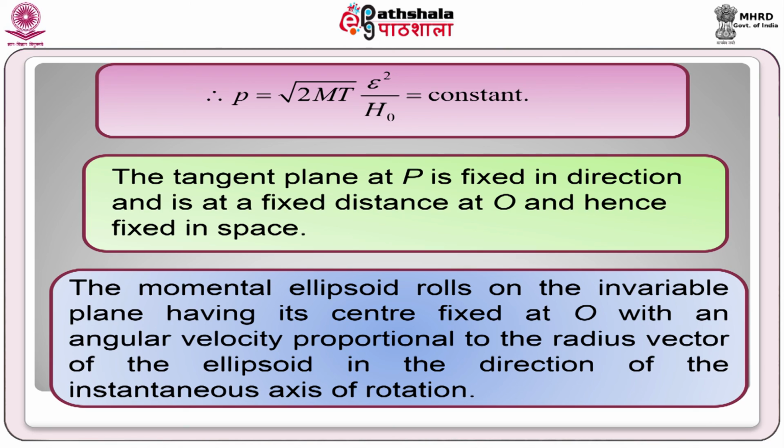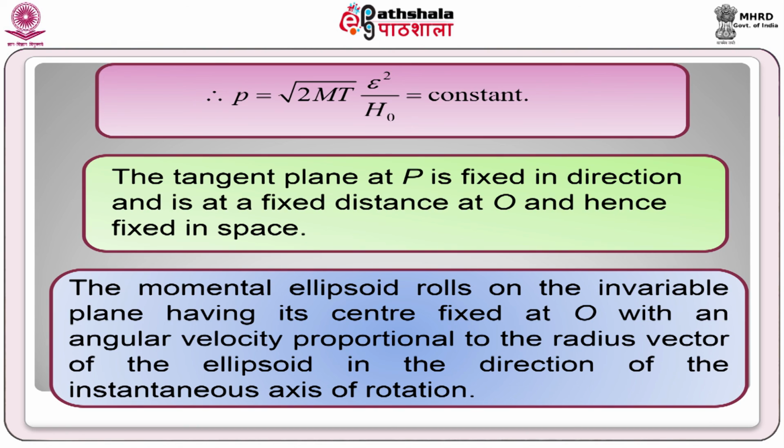This can be written in this way, squaring p square and then reversing, we get this result. Putting the value of x, we get this result. If we take out omega square from this bracket, we get this result. Now, this is the H O square, we have already obtained this result.